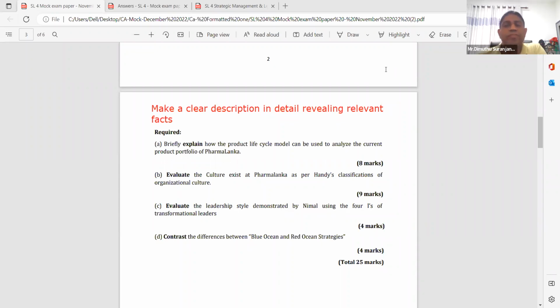So you have to explain things in detail. While doing that, you want to come up with the respective points, revealing and disclosing the relevant facts. So that's the meaning of the word explain.